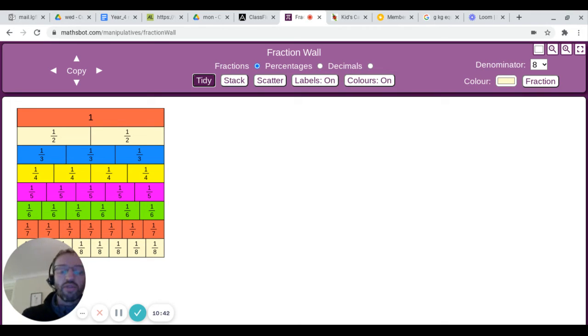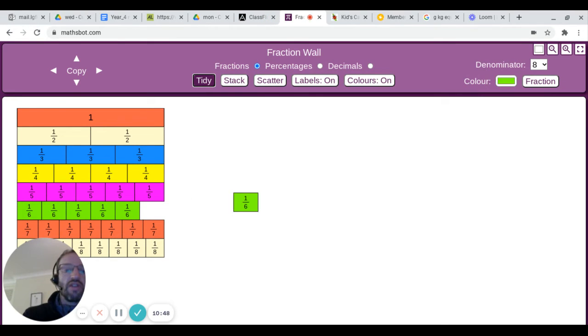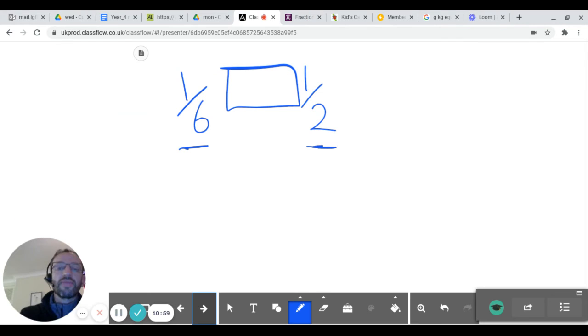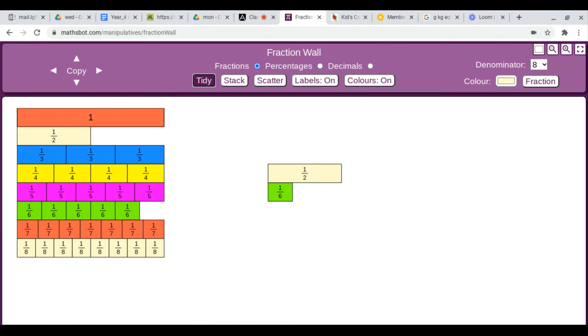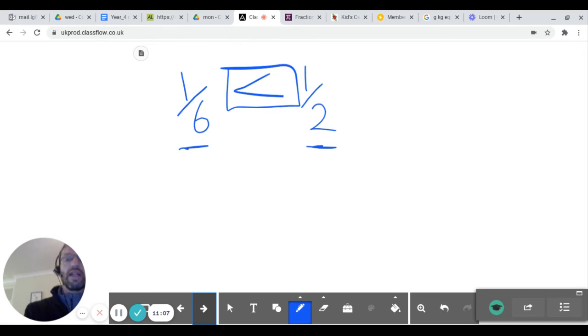You might not be able to move it around like this one, but you'll certainly find one. If I take out 1/6, if I take out a half, I can see if I'm looking from side to side that the half is definitely bigger than the 6. So in my maths, I can say that a 6 is going to be smaller. Here it is. The 6 is definitely smaller, is less than.